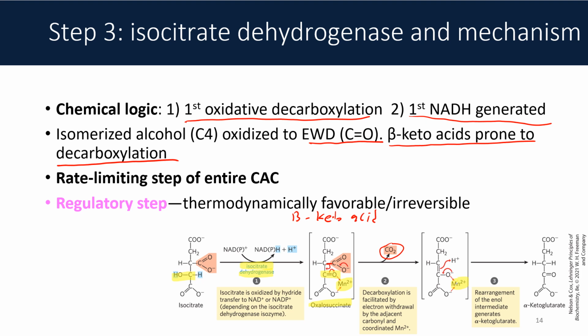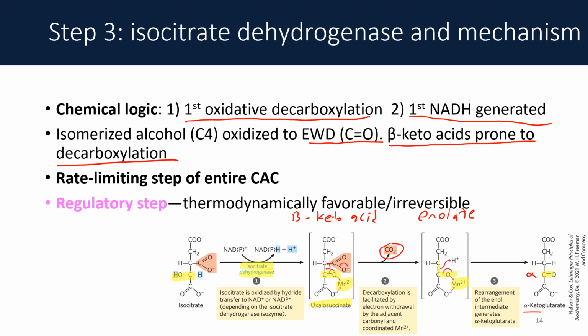Now, the intermediate that we get after that is an enolate, because we have a double bond next to a CO minus, and it is to a degree stabilized by that manganese cofactor, but it's not that stable. So it's going to rearrange back into a carbonyl that is now in the alpha position to the nearest carboxylic acid.